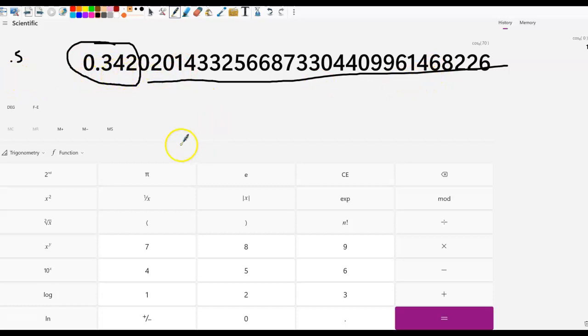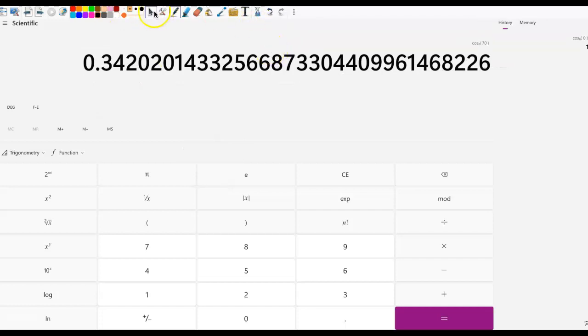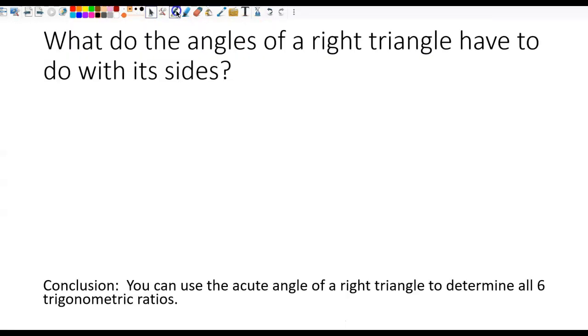On a triangle that has a 70-degree angle right here, whatever this side is and this side, if you were to divide the adjacent side by the hypotenuse, no matter how big it is, it would always have to equal 0.342. Okay? So that is how angles can be used to find trig ratios. So our conclusion is, what do the angles of a right triangle have to do with its sides?